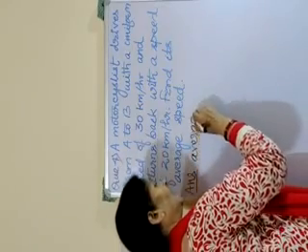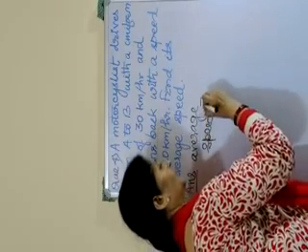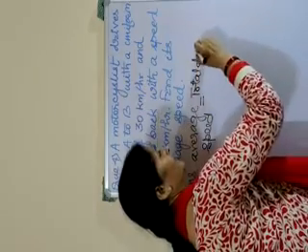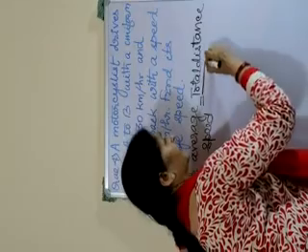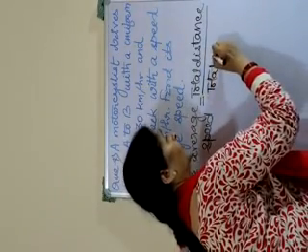Average speed is equal to total distance traveled by total time taken.